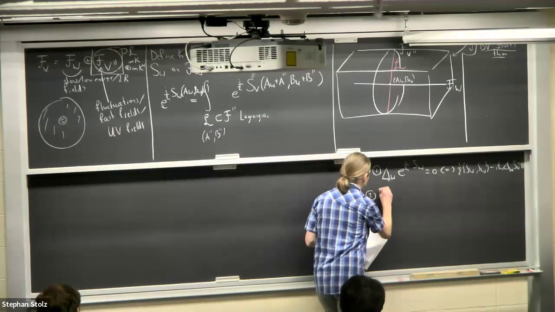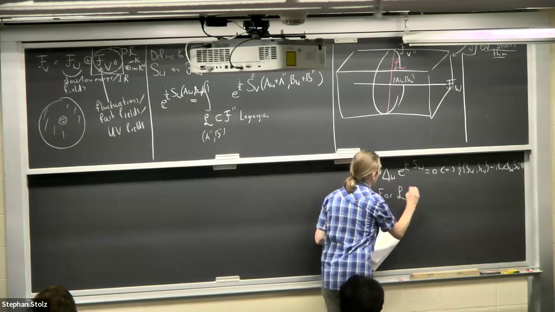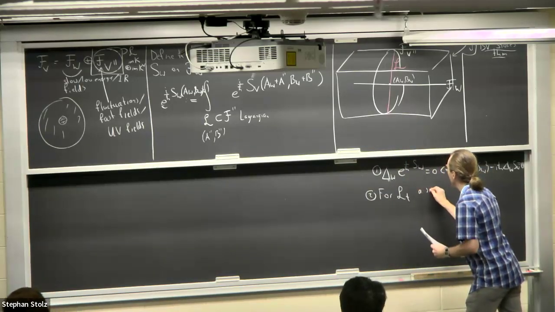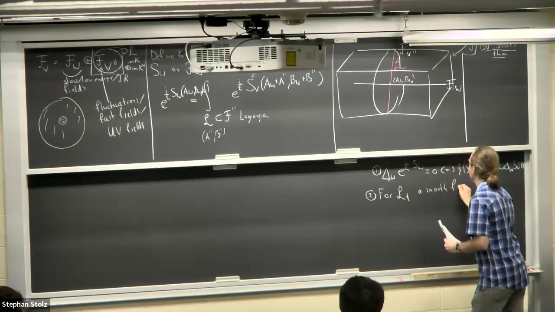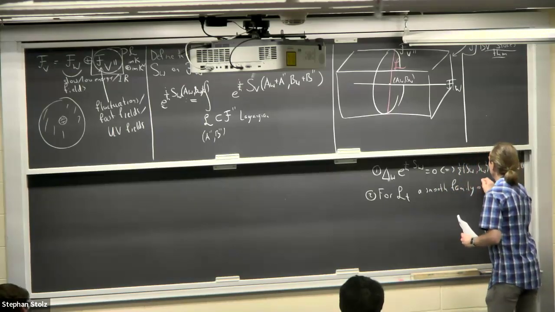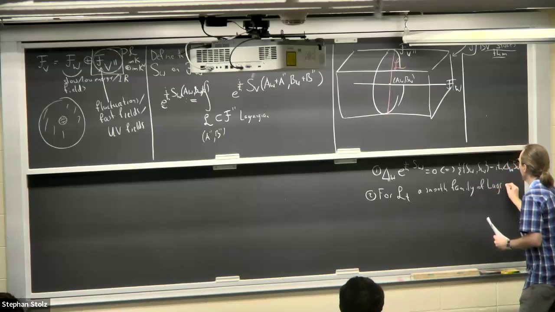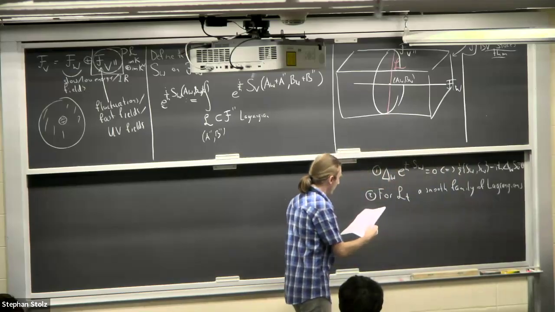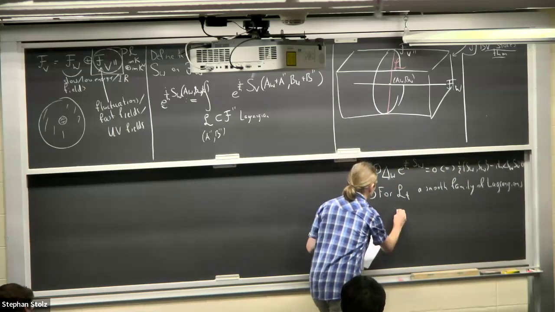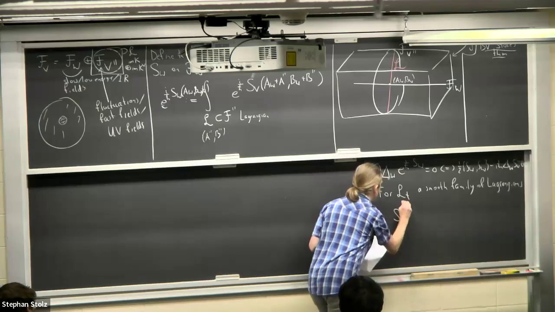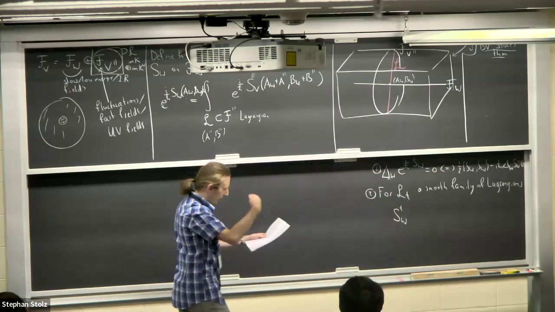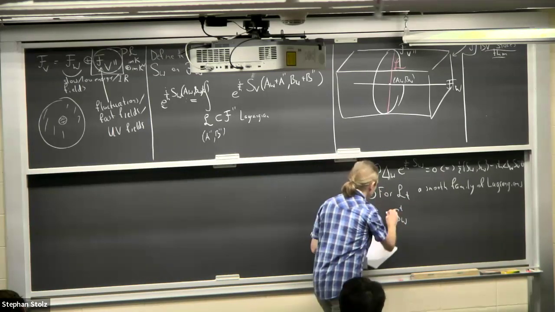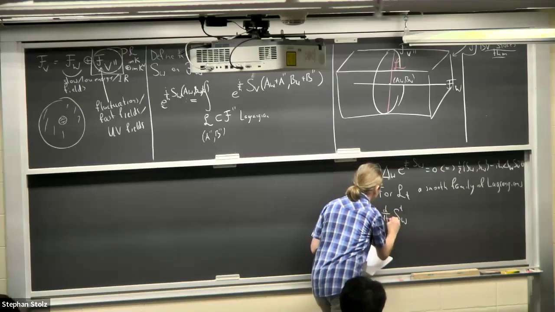So if I have a smooth family of Lagrangian subspaces, depending on some parameter t, then for each member of the family I can calculate the corresponding effective action. Let me call it S_W^t. So it depends on the Lagrangian in my family. Then it turns out that they change in a nice and controlled way.